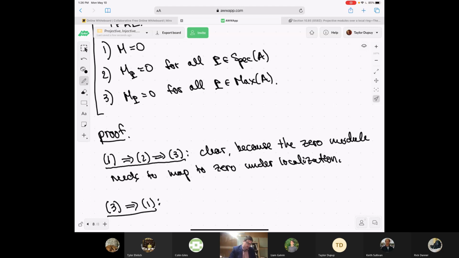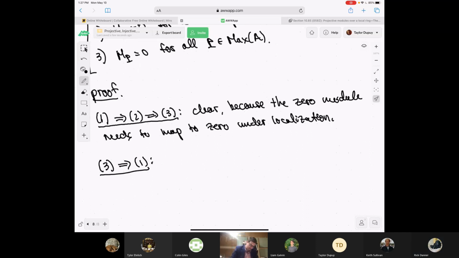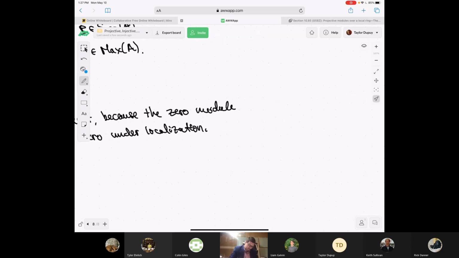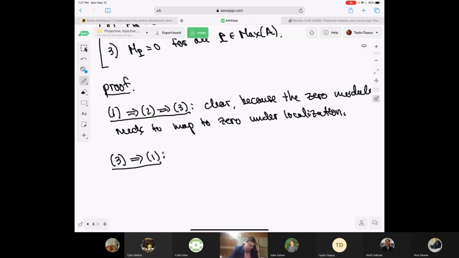Okay, so actually 2 implies 3 is really just that every maximal ideal is prime. That's maybe the easiest way to do it. Let me write that. So 2 implies 3, let me just write that here.